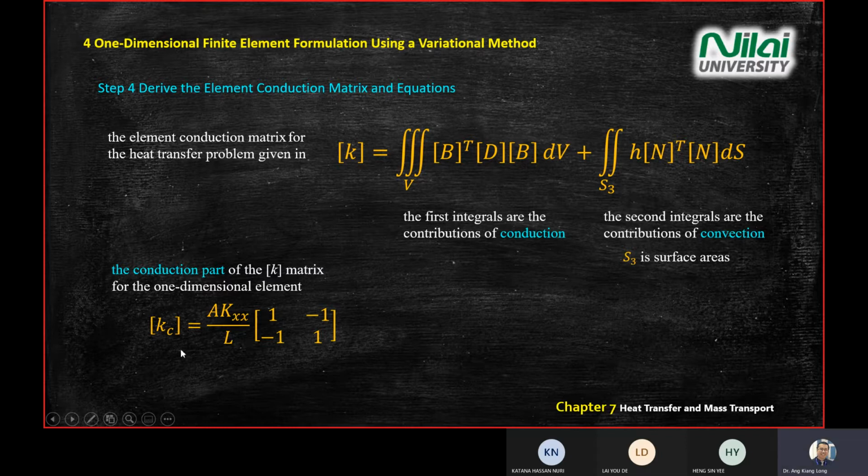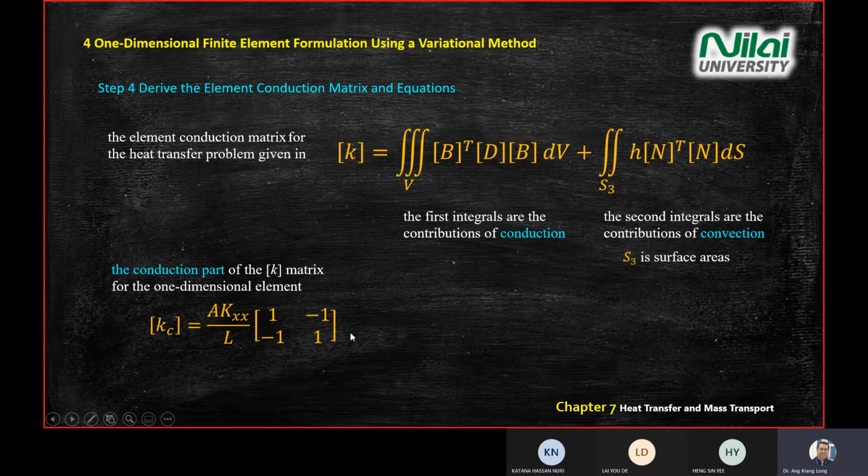This is a K matrix for the element dimension. Later, you need to superimpose into a bigger K on a global scale. So when you come to step 4, you look at the element dimension, the individual element. You use this K matrix to find it.